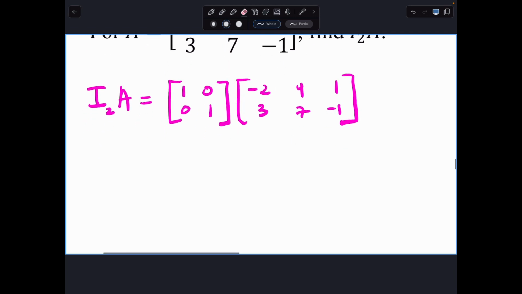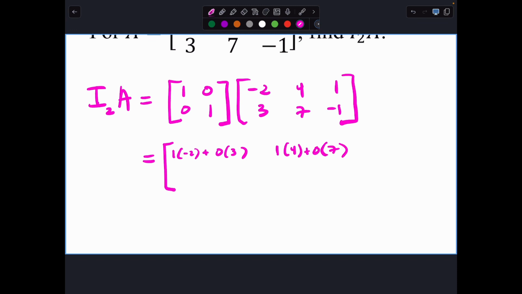But then thinking about applying matrix multiplication, so row by column. That's 1 times negative 2 plus 0 times 3, right? Yes, I was just making sure you're paying attention. And then 1 times 4 plus 0 times 7, and 1 times 1 plus 0 times negative 1.